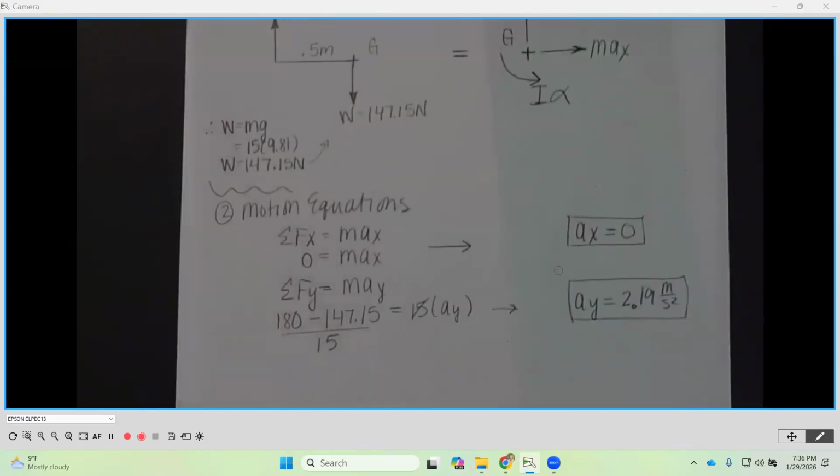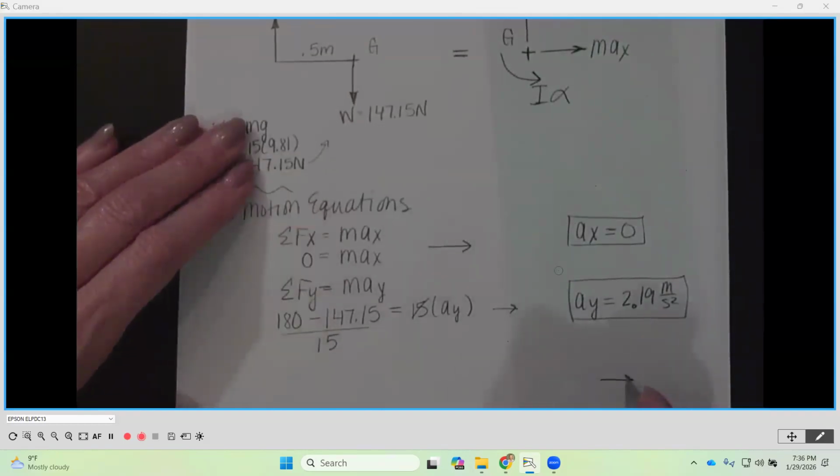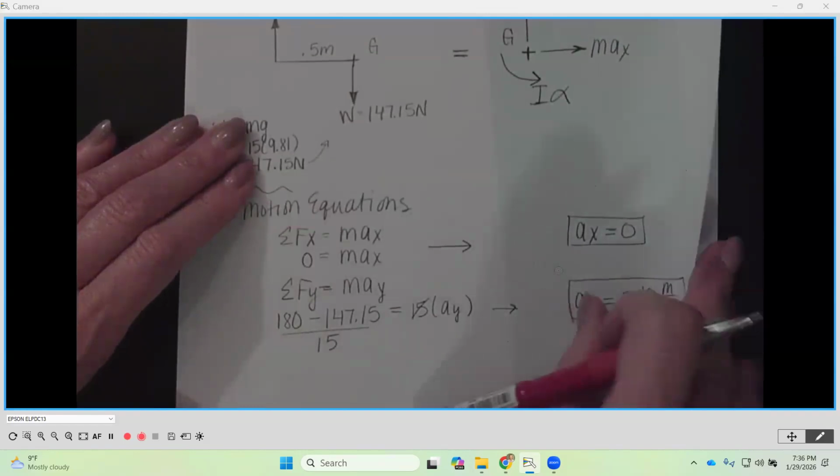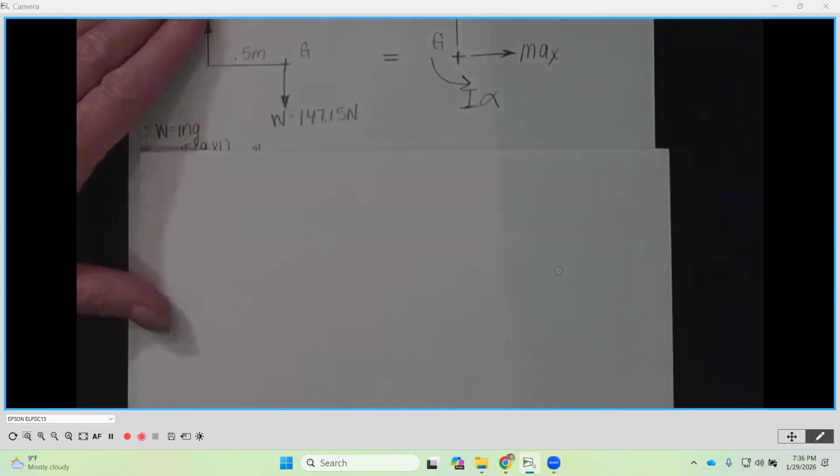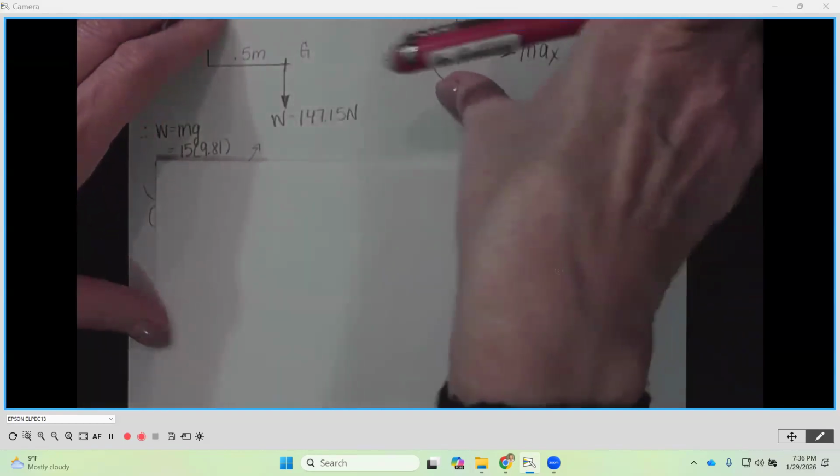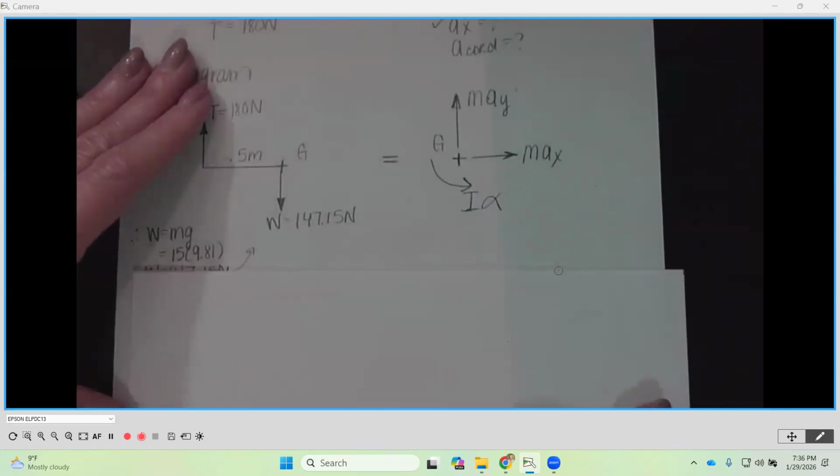So our last equation, I don't think I'm going to fit it on here. So what I'm going to do is go here. Actually, do something like this so we can see the diagram as I write out the problem.